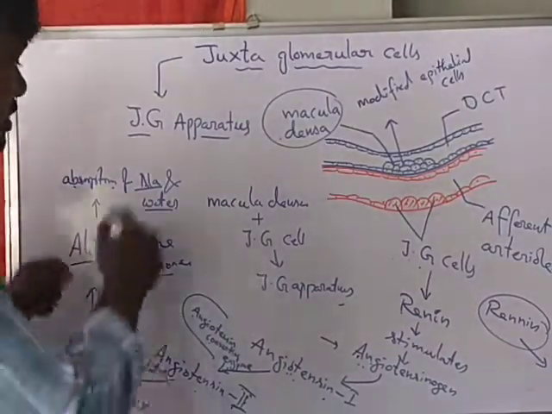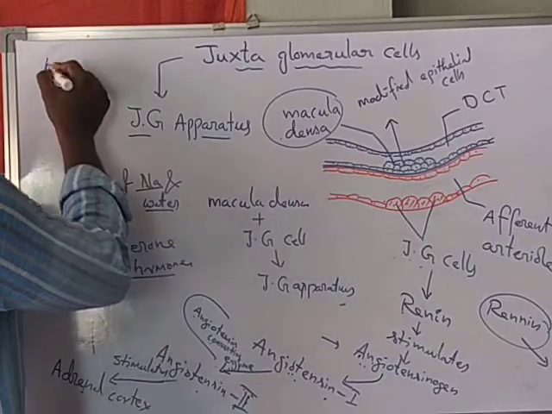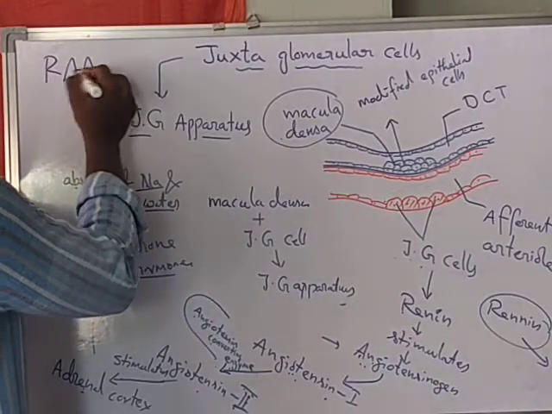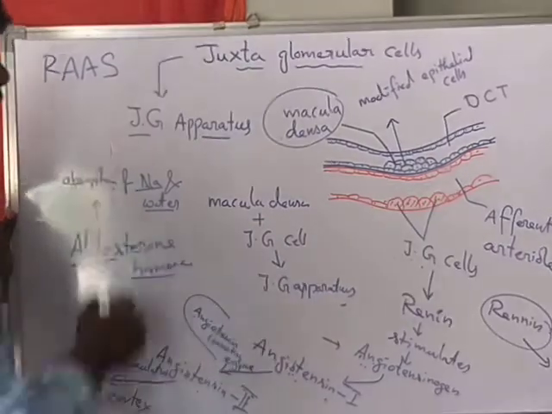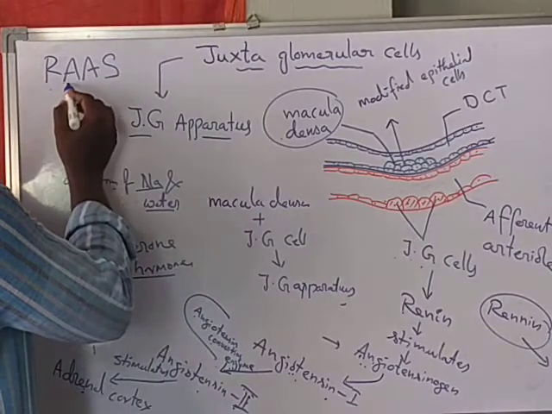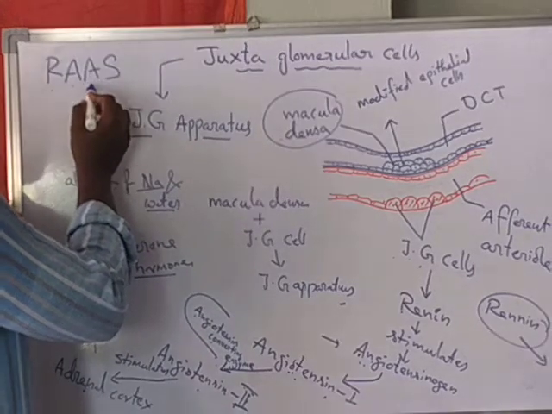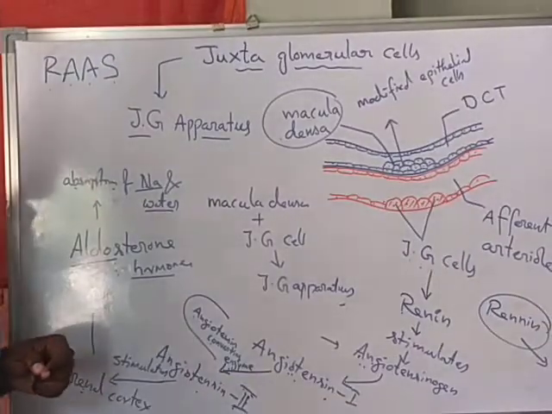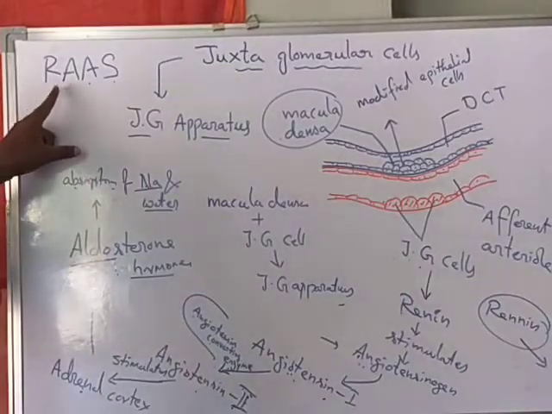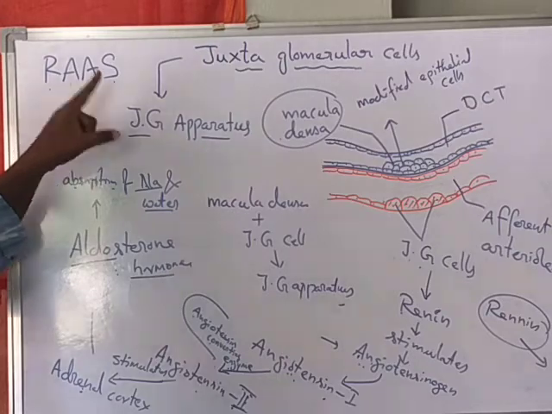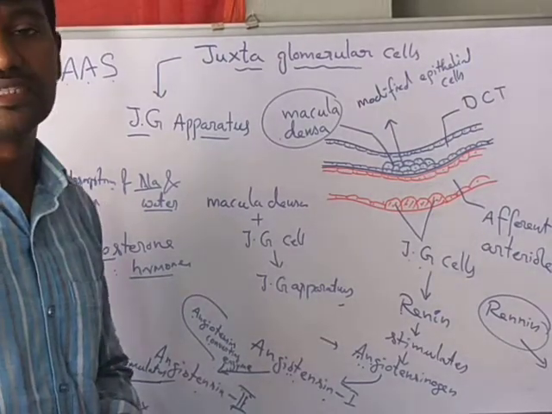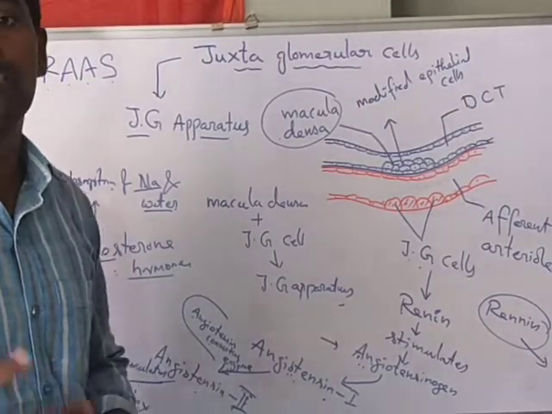This process is also called RAAS, that means the renin, angiotensin, aldosterone system. This system will increase the glomerular filtration rate.